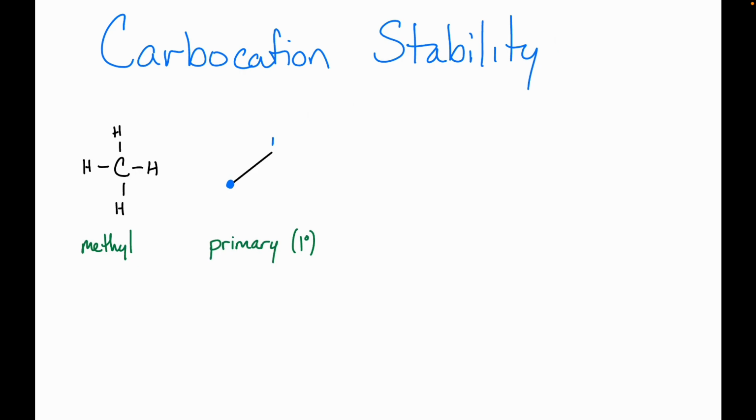If we have a carbon like this one here, highlighting in blue, in the middle, that has 2 carbon neighbors, right? 1, 2. This would be a secondary carbon.